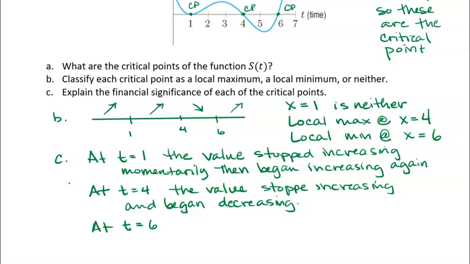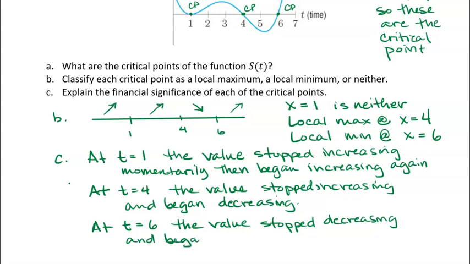So at t equals 6, the value stopped decreasing and began increasing. So we have a local minimum at 6 and the local maximum at 4. All right, I'll meet you in the next video.